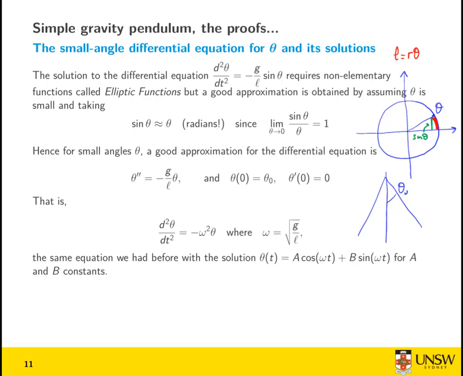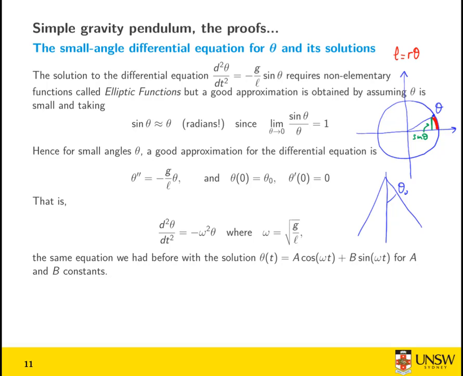And now we recognize something. The second derivative of something is equal to a negative constant times something. We've seen differential equations like that, and we know exactly what the solution is.